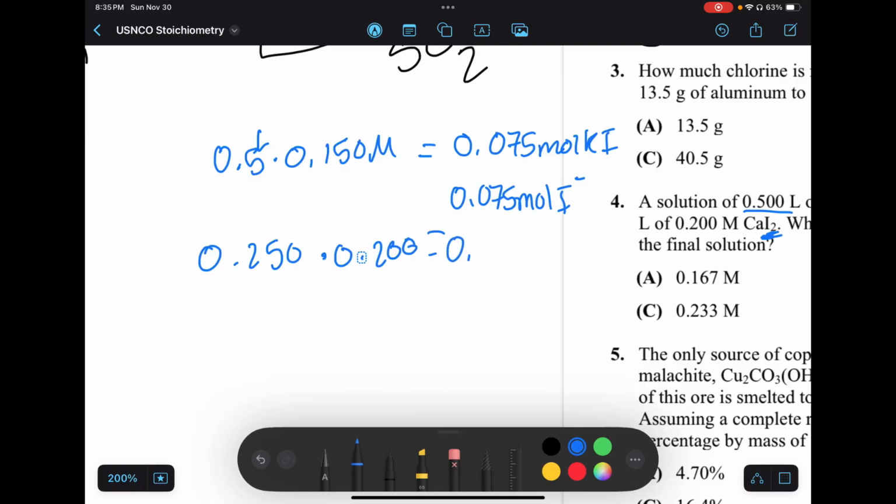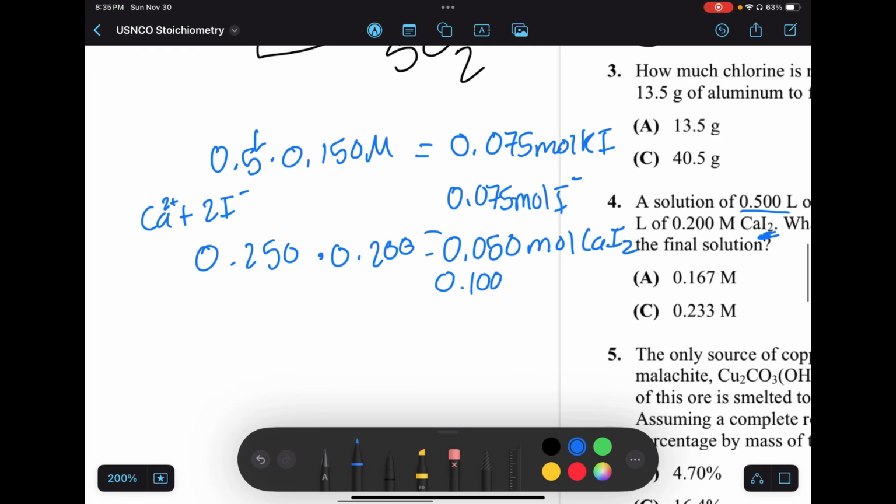This is 0.050 moles of calcium iodide. Remember, this is what it actually is, so we'll multiply by 2 to get 0.100 moles of iodide ion. We'll add these together.